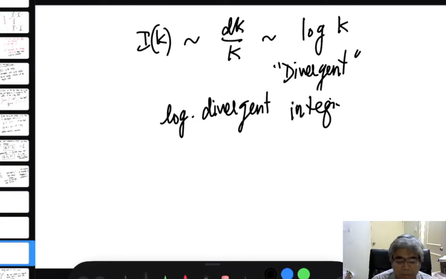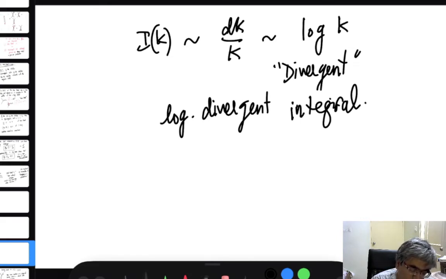So what we have seen so far is that for the first time, higher order processes introduce some sort of new divergences into your theory. They introduce divergences in the calculations, and this is true for any physical process.